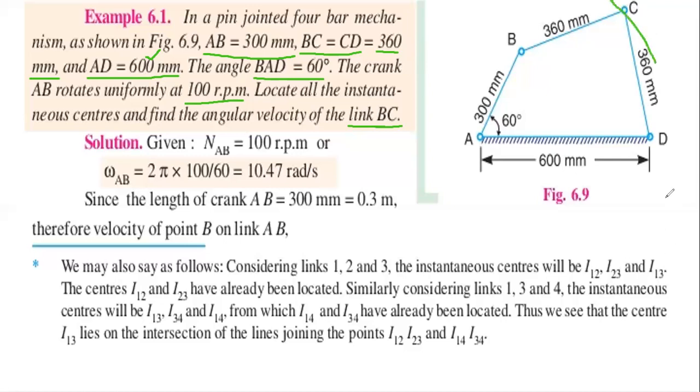Then from point D also take 360 mm in the compass and cut an arc on the previously made arc.